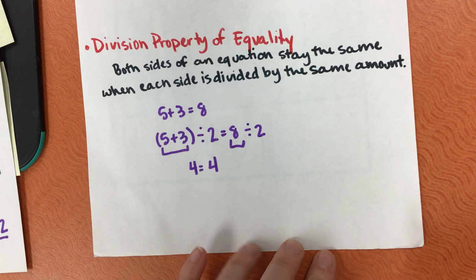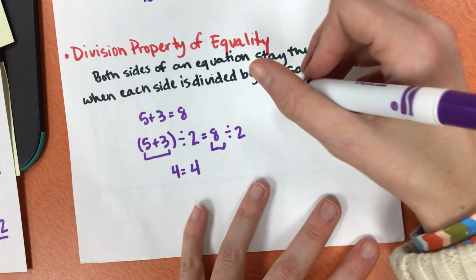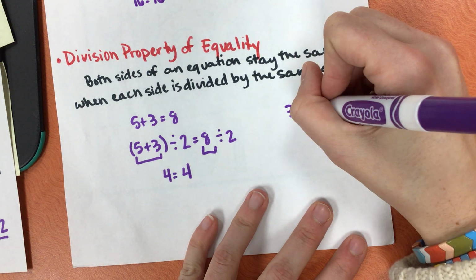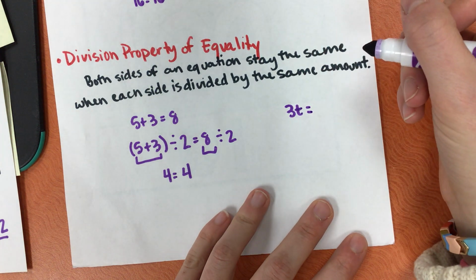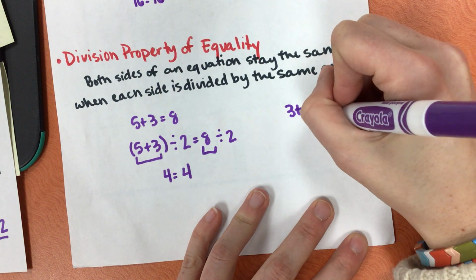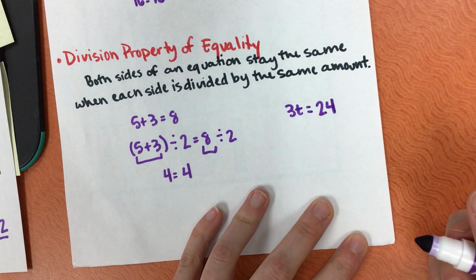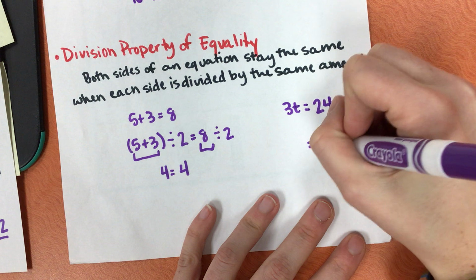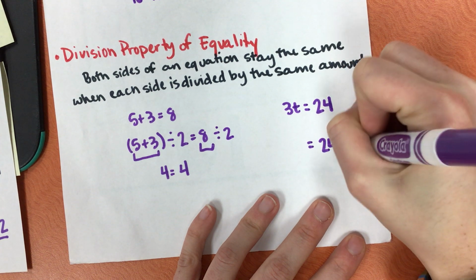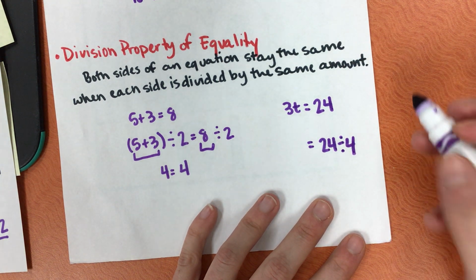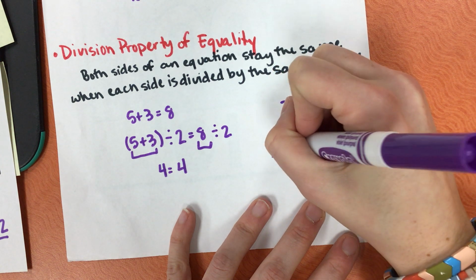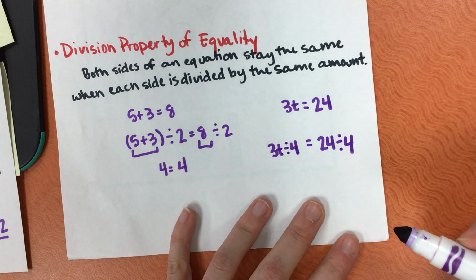And then for division, if I had 3 times t was equal to 24, then that would mean if I change it to be 24 divided by 4, then I would have to also do the left side to be 3t divided by 4.